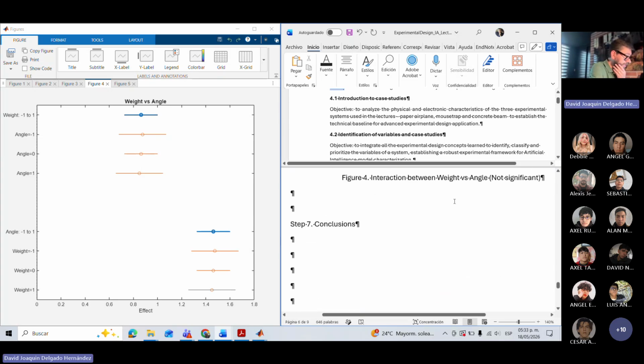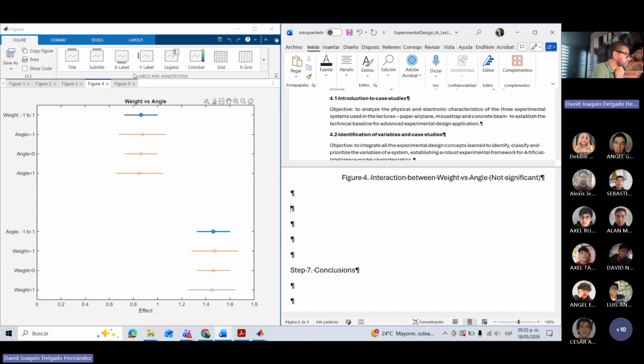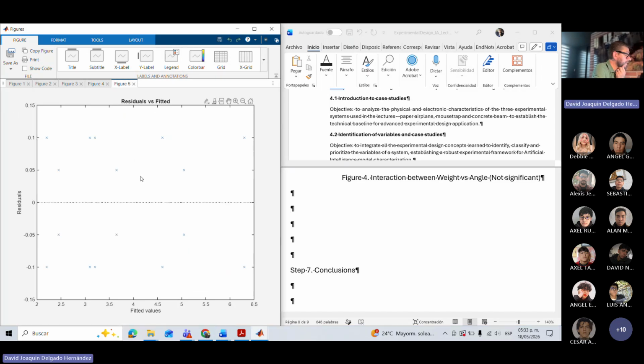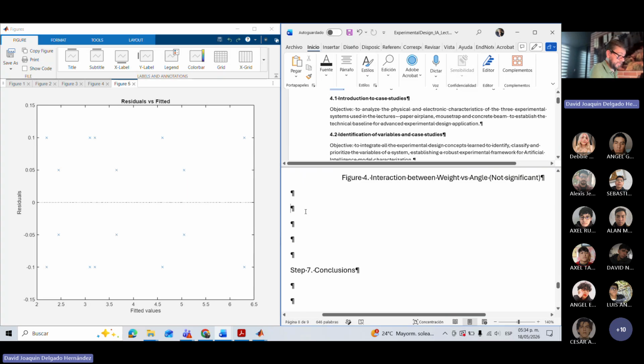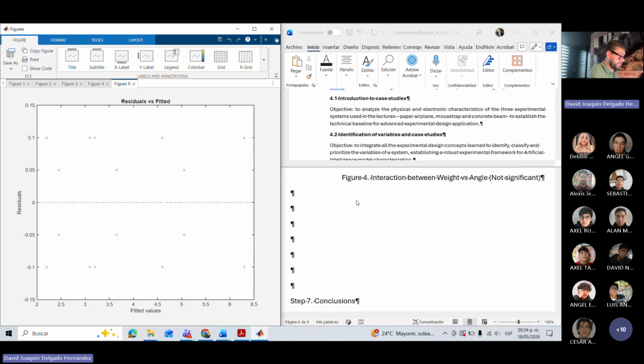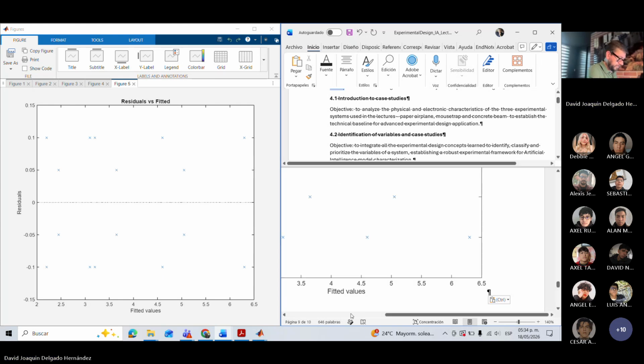Well, and finally, the last figure is this one. And this is the residuals versus the fitted values. So let me copy this figure. Copy. So I am going to put here paste. Okay.